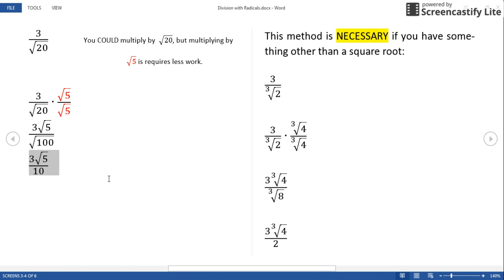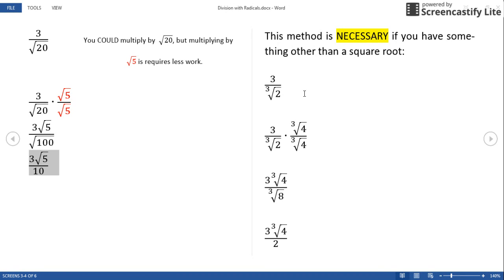Now, this method is necessary for us to do if we have something other than a square root. For instance, with the one here, 3 over the cube root of 2. If we chose to multiply both the top and bottom by cube root of 2, this wouldn't help any. We would end up with cube root of 4 on the bottom, and the cube root of 4 won't simplify.